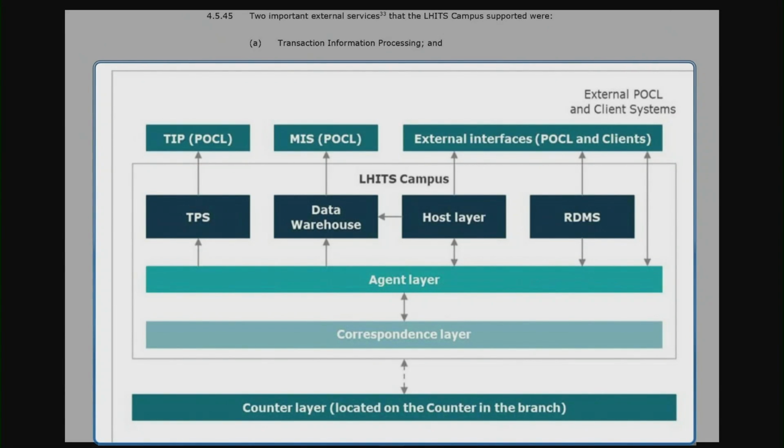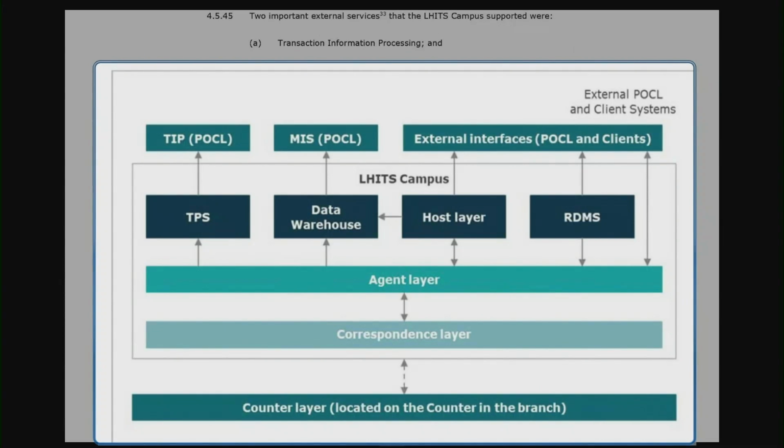You say that supported a shared distributed message store that ensured that information generated at the counter is replicated at the campuses and vice versa. Yes. And that those Riposte mechanisms interact directly with the agent layer, a specialized Riposte archiver running on the correspondence servers was used to ensure that all Riposte messages are written to tape for audit purposes. Can you just explain that, please?